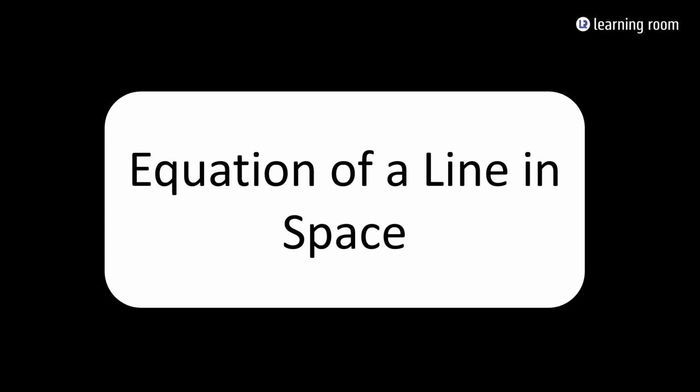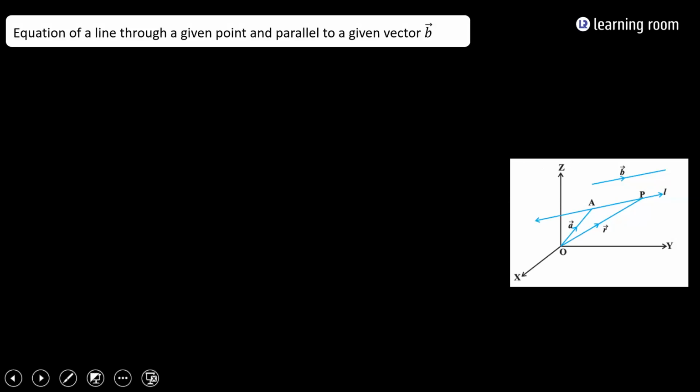That is equation of a line in space, for which the first case is the equation of a line through a given point.